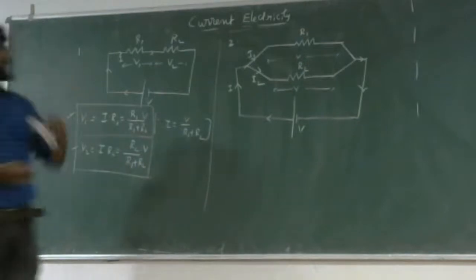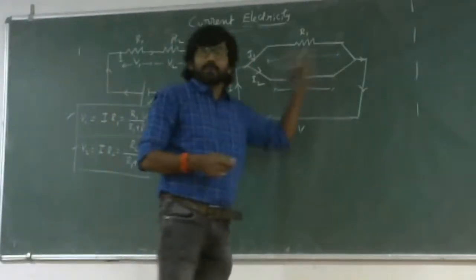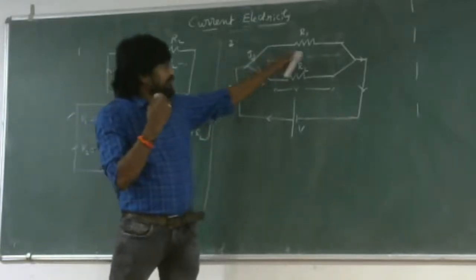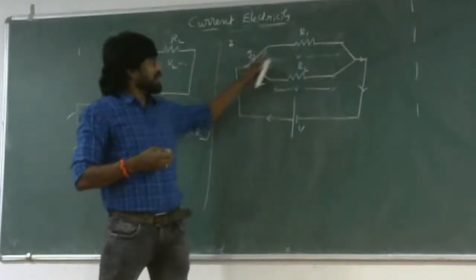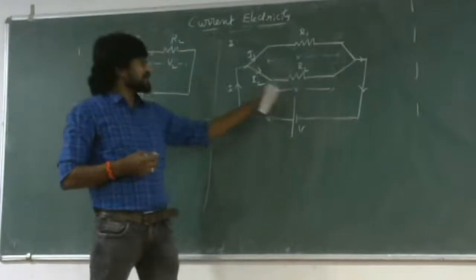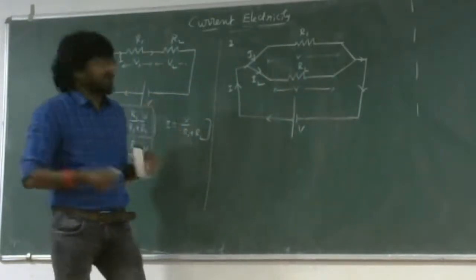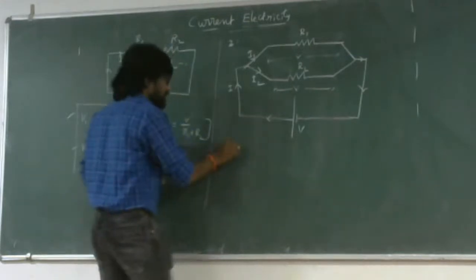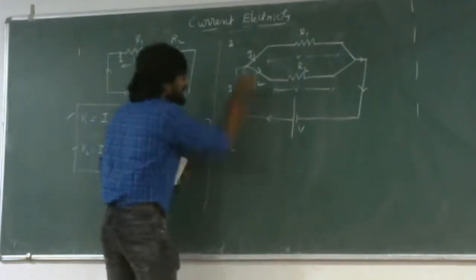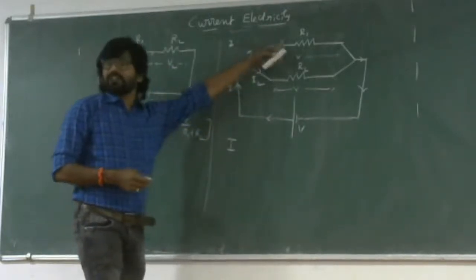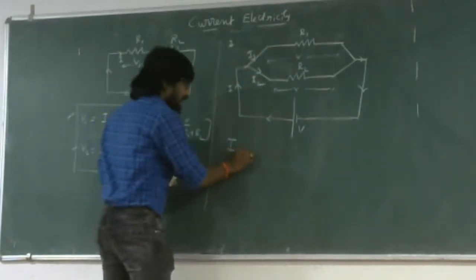Similarly, here by using the current divider principle, the potential across this is nothing but I1 R1, and here it is I2 R2. Potentials are equal. So by using this, the current through the first resistor is given by I1 is equal to the other resistance by total resistance into total current.